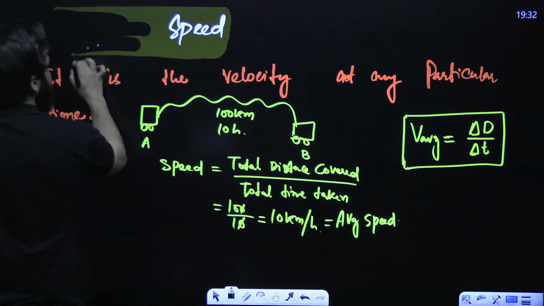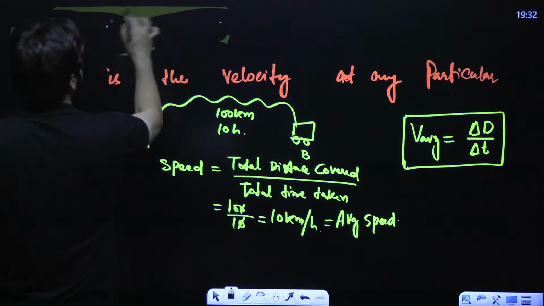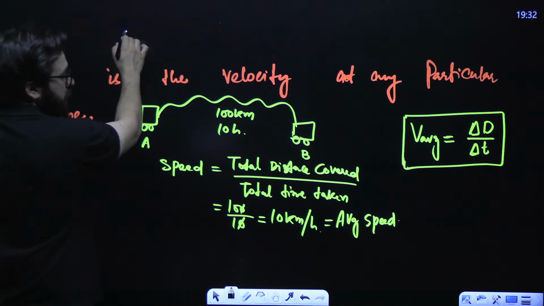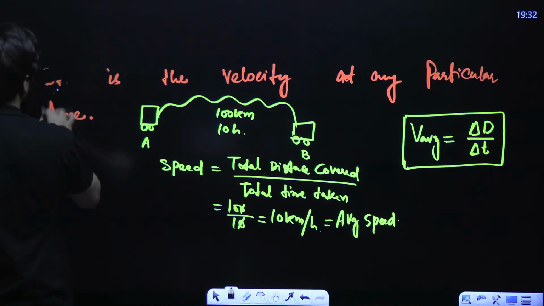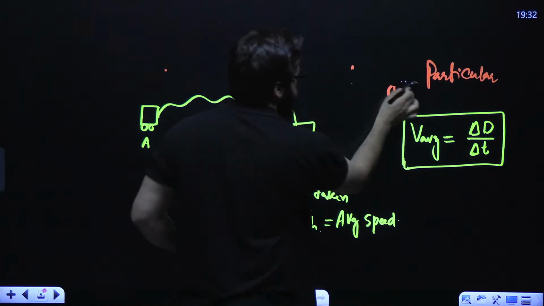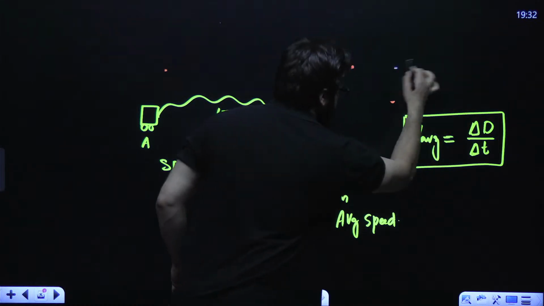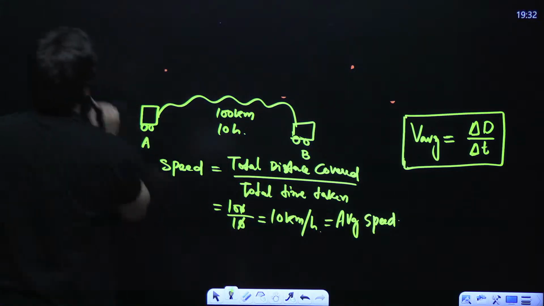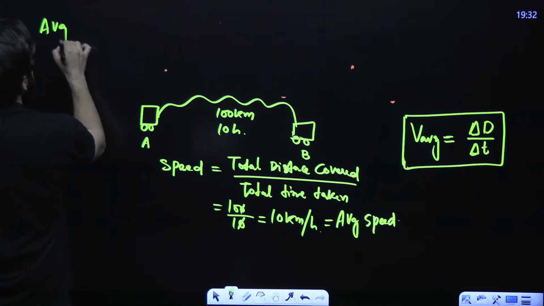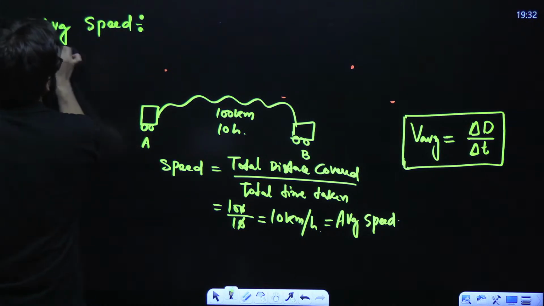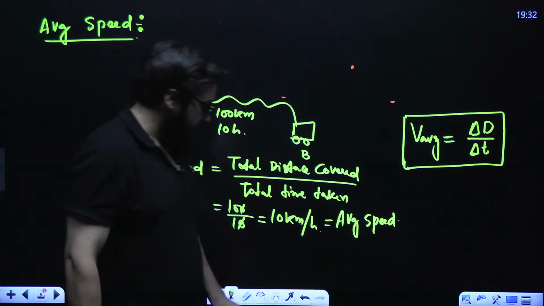Let me change the topic over here and I'll call this average speed. So what was the speed from A to B in general?